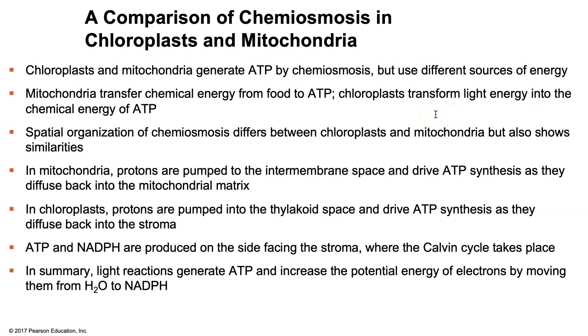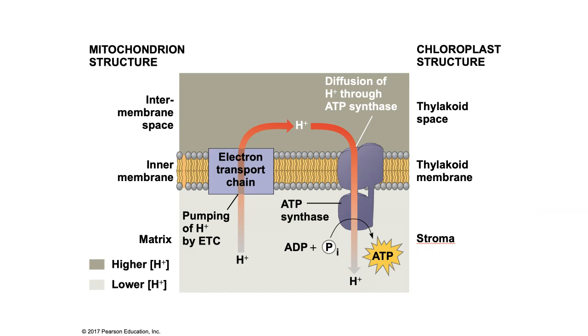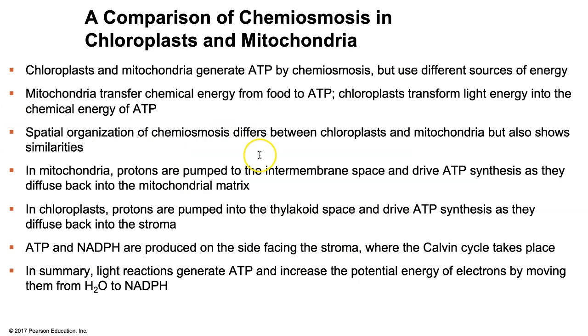Spatial organization of chemiosmosis differs between chloroplasts and mitochondria, but also shows similarities. That's just what I was showing you here. In mitochondria, protons are pumped to the intermembrane space to drive ATP synthesis, and then they diffuse back into the mitochondrial matrix, whereas in chloroplasts, protons are pumped into the thylakoid space and drive ATP synthesis as they diffuse back into the stroma.